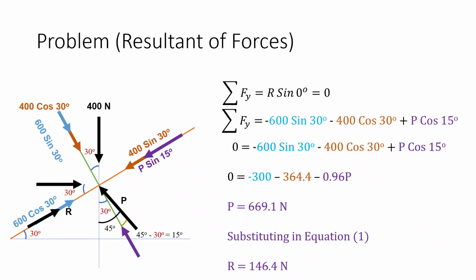The P cos 15 degrees is acting in the upward direction, so it will be positive. Simplifying this, as summation Fy is 0, I'll be getting P value as 669.10. So I'm substituting this P value in equation 1. From that, I'll be getting R value as 146.